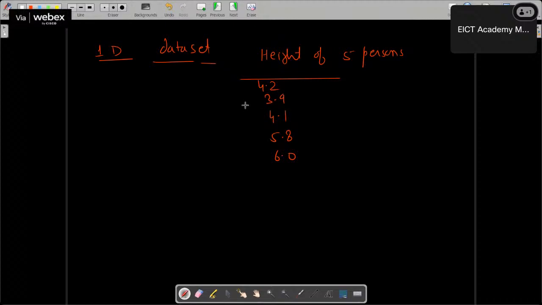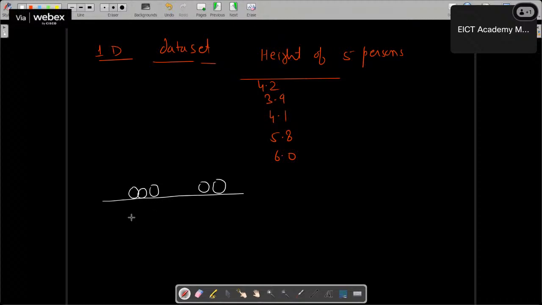Okay. So out of this data, some of the points make one cluster, and some of the points make another cluster. So this is one-dimensional data: 4.2, 3.9, 4.1, 5.8, 6.0.